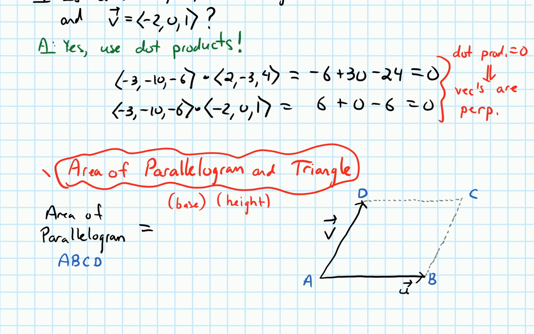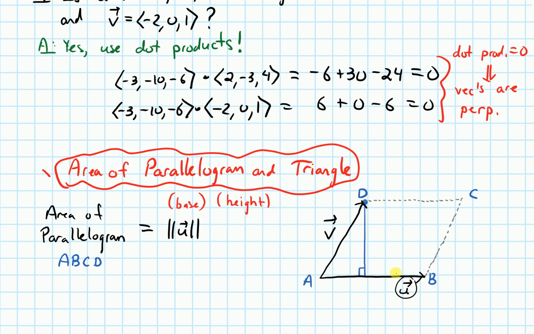Okay, so in my picture, I can see that the base is going to involve u, at least if I let u be the base side. So the base is going to be the length of u. And the height would be the perpendicular distance from, say, the head of v straight perpendicularly down like this.